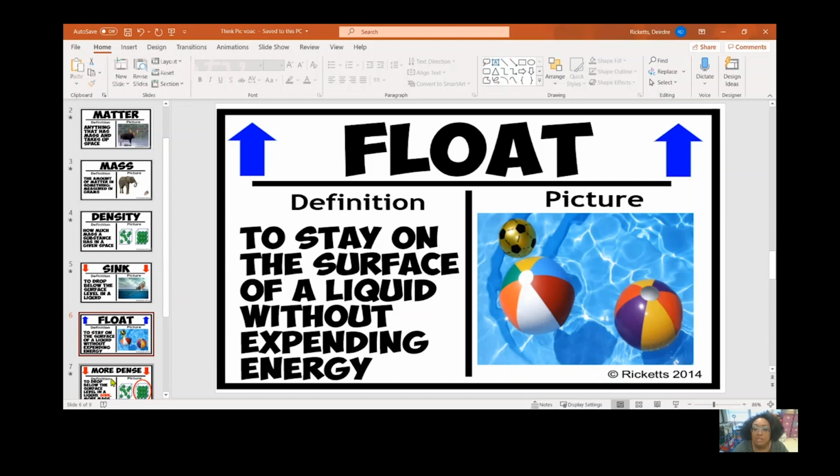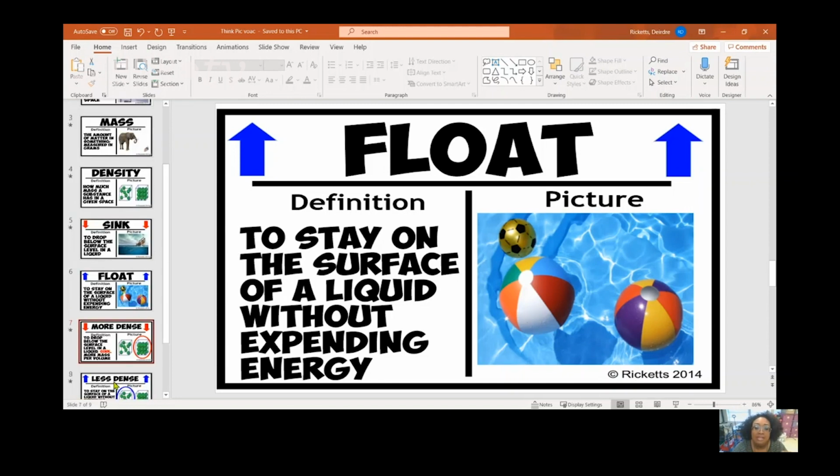Here in this picture, we're talking about floating, and that's to stay on the surface or above the liquid without expending any energy. So here we have these floatable balls at a pool, like beach balls, floating on top of the water, not underneath.